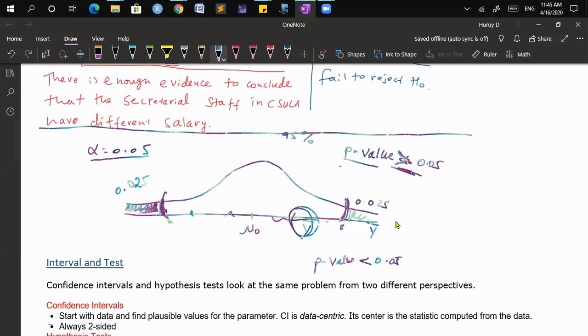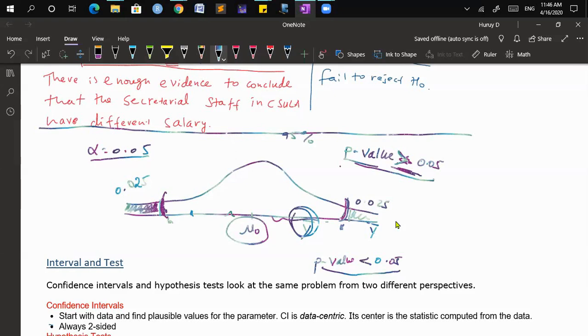But outside that one, it is kind of rare to find y bar given mu naught is true, or H sub naught is true. Therefore, always when p-value is smaller than your alpha, reject the null hypothesis. When p-value is larger than your alpha, fail to reject the null hypothesis.